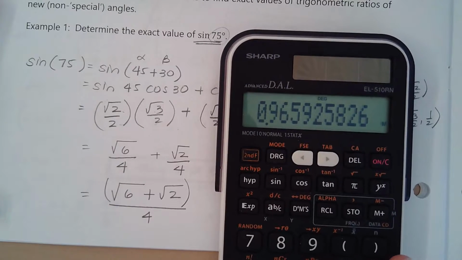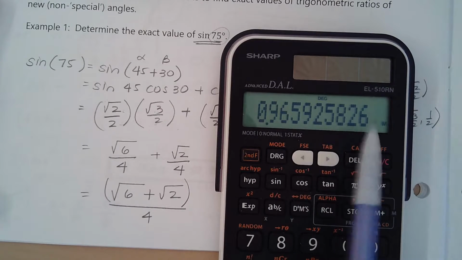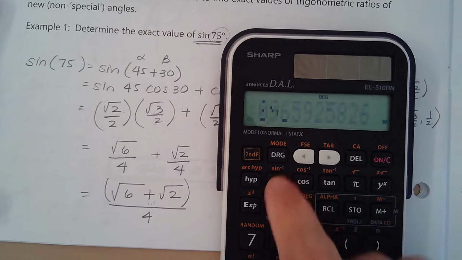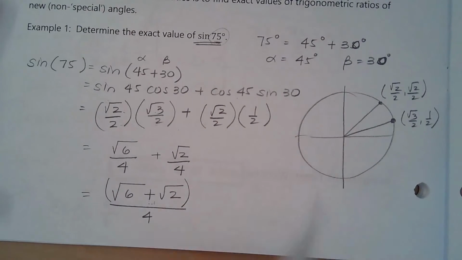So this is 0.96592526. This value is the approximate value. This is the exact value. And when we actually type in sine of 75, it's the exact same value, right? Okay, that's good. So this is exact.